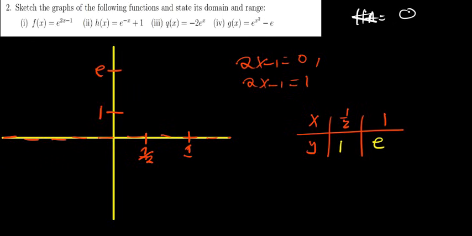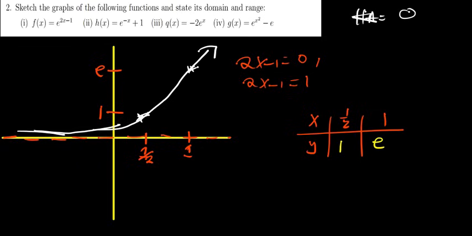Now we are going to have our coordinates: half comma 1 is here, 1 comma e is there. Starting closer from the asymptote, touching these points, going there. You put an arrow because we don't know where the graph is ending.